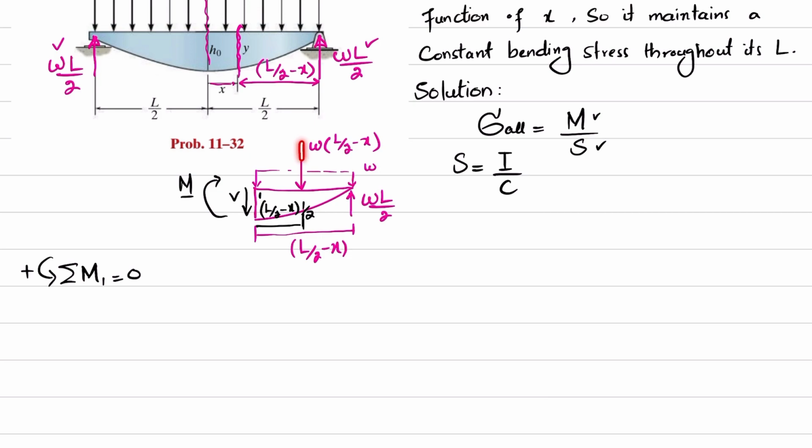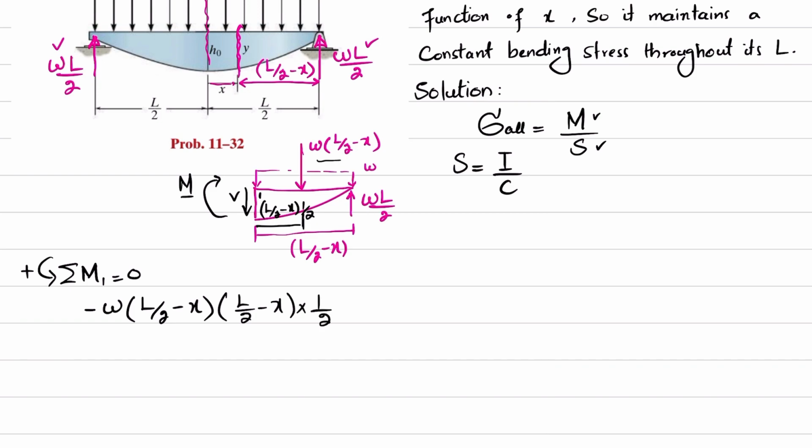The first moment is due to this force, with this perpendicular distance, and it is producing clockwise, so it will be negative. I will write minus W into (L by 2 minus x) into (L by 2 minus x) into 1 by 2. Let me check it again.